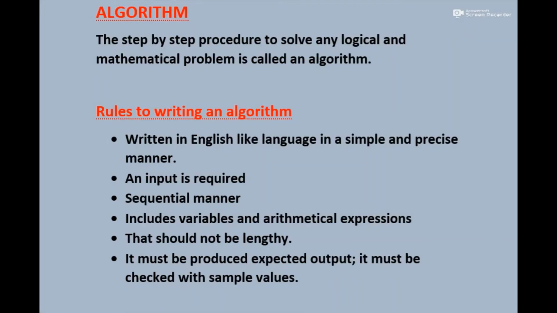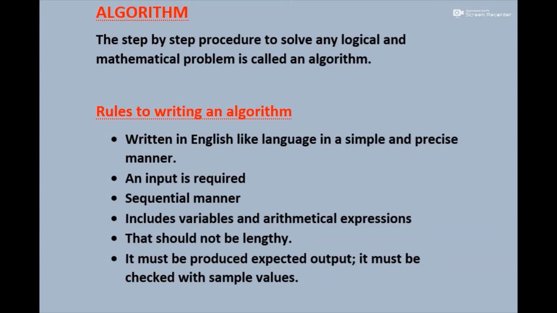Next topic is rules for writing an algorithm. An algorithm should be written in English-like language. Second point is it should be written in a simple and precise manner so that everyone can understand it. Next rule is an input is required to write an algorithm.